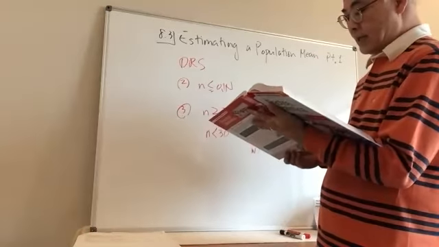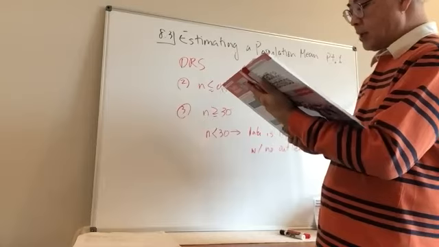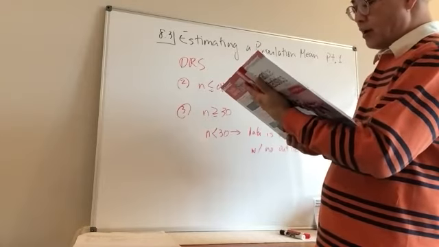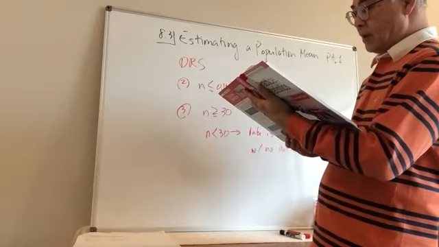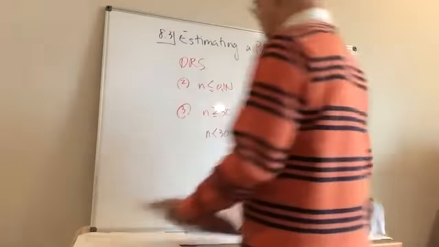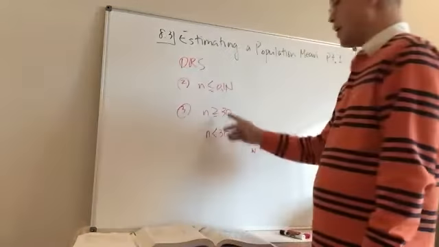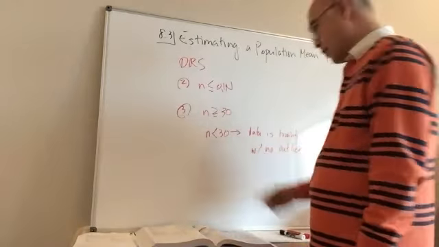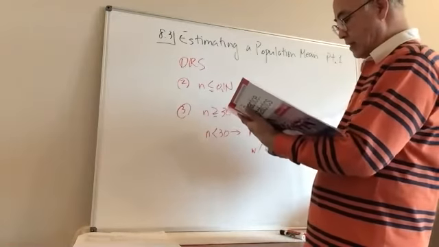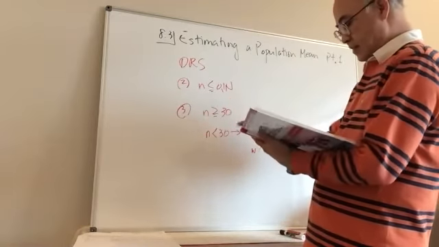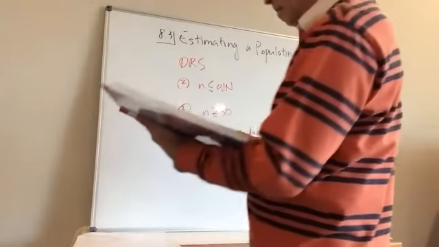Okay? C, suppose you want to estimate the mean SAT math score at a large high school. Here's a box plot, and you have 20 students. So again, n is less than 30, okay? Is this roughly symmetric or not? Doesn't look roughly symmetric, does it?